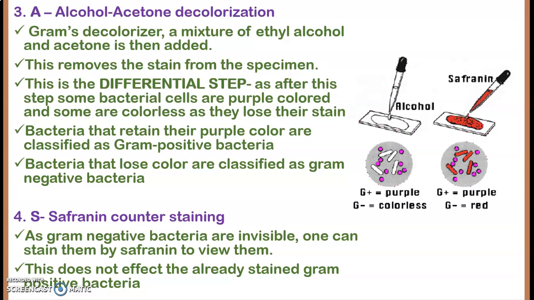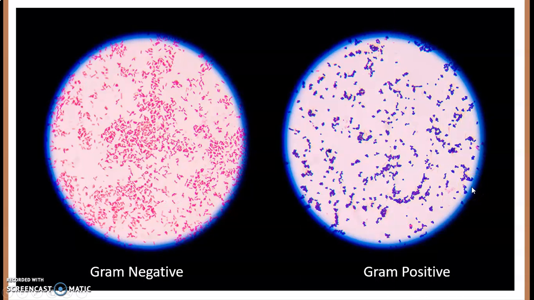This does not affect any Gram positive bacteria which were already stained, because a very strong bond, an insoluble complex, has already formed in their cell wall, the crystal violet iodine complex, and the safranin doesn't affect the Gram positive bacteria. So the counter staining can be seen here, and the safranin can also be added to view the Gram negatives. Here we can see a slide showing the Gram negative and the Gram positive bacteria.